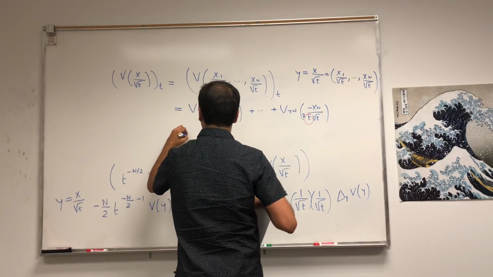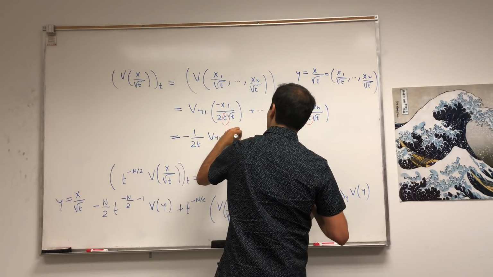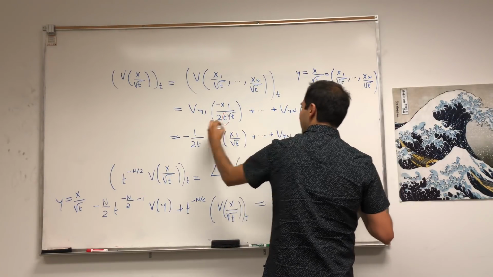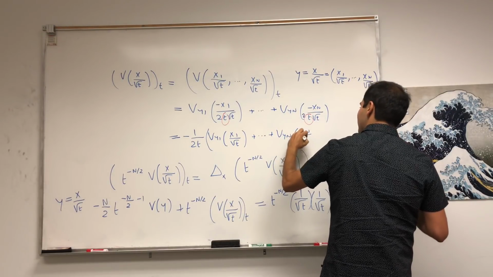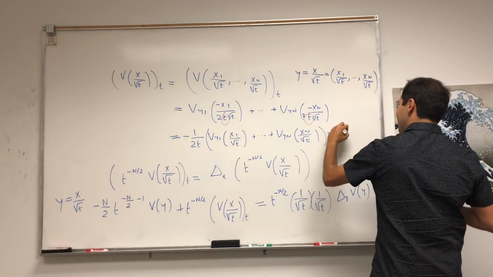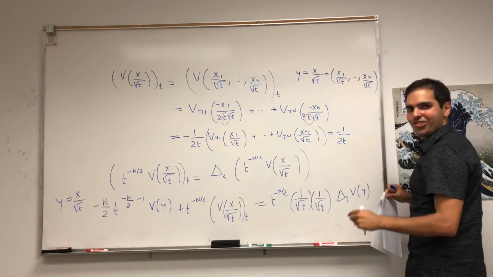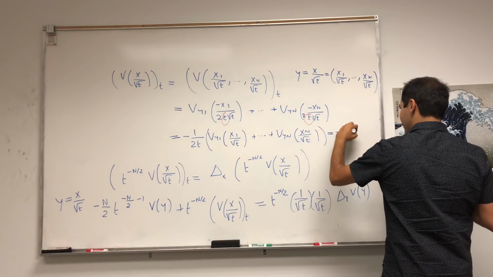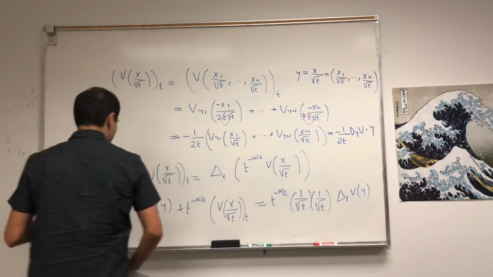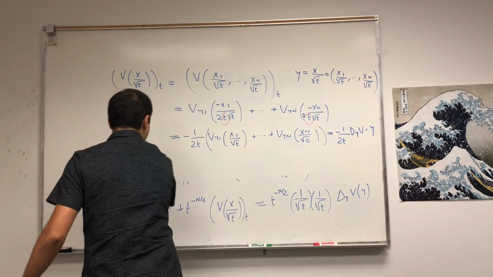And so if you factor out minus 1 over 2t, that's v_y1 times x1 over square root of t, plus, so here it's multiplication, v_yn times xn over square root of t. And this then becomes minus 1 over 2t times the vector of all partial derivatives of v, so the gradient of v, dotted with y. There's a reason I'm doing that, because now we can rewrite this equation.